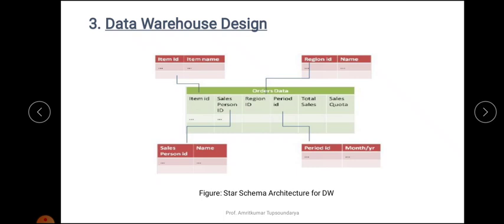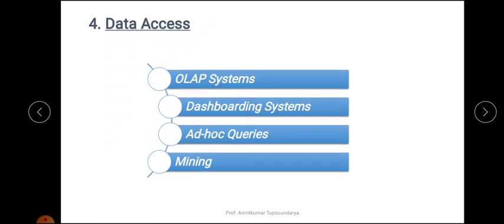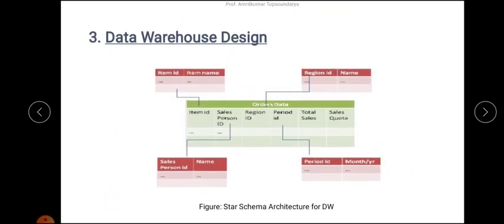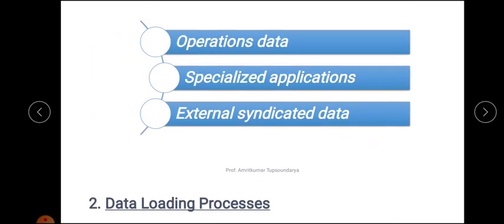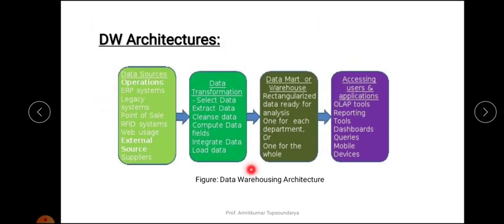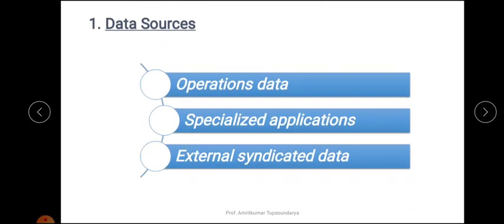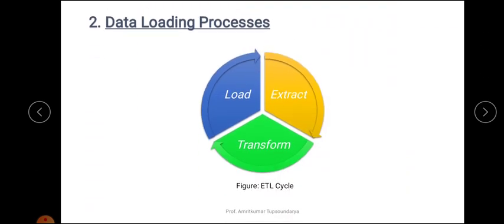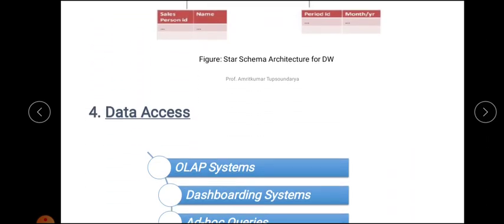So moving on with the fourth element of the data warehousing architecture, that is the data access part. If you go back to the architecture design, let me pull down the slides. Here you can see the 4 elements that we discussed. So discussing the fourth part, that is accessing users and applications, how the data warehouse can access the data.